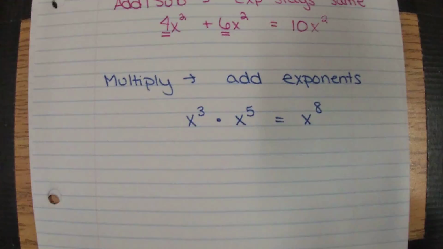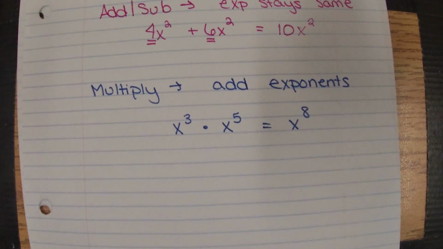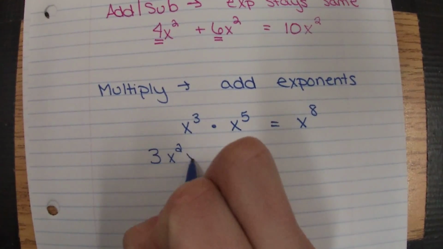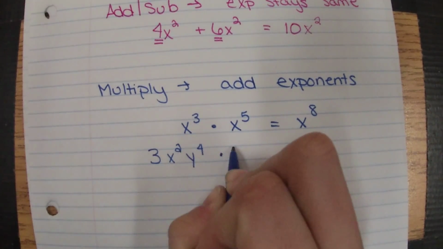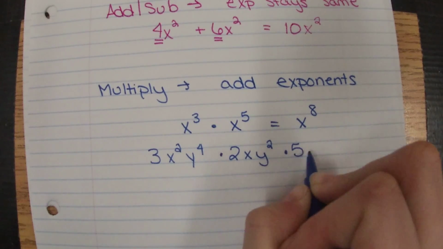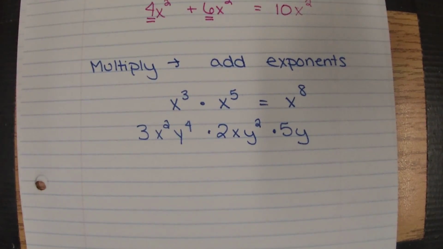Now, we can only add exponents when the bases match. So if we have different things happening, like 3x to the second, y to the fourth, times 2xy squared times 5y, it doesn't matter that there's different things in different places. What's important is that the things that are alike are going together.